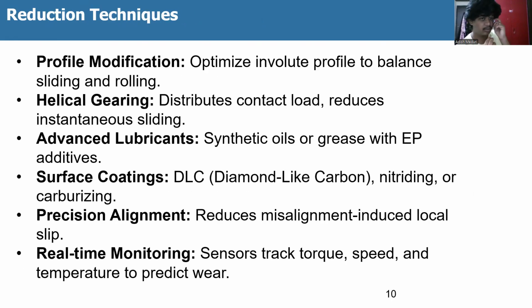Reduction techniques. Profile modification: optimize the involute profile to balance sliding and rolling. Helical gearing distributes contact load and reduces instantaneous sliding. Advanced lubricants: synthetic oils or grease with EP additives. Surface coating: DLC, diamond-like carbon, nitriding or carburizing.